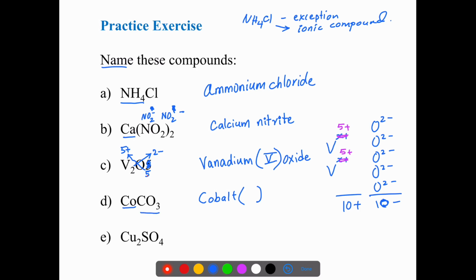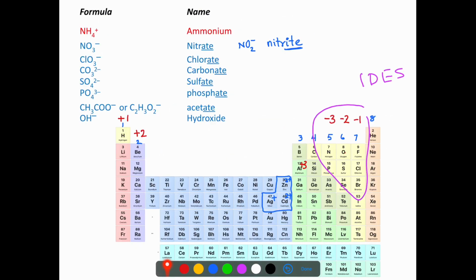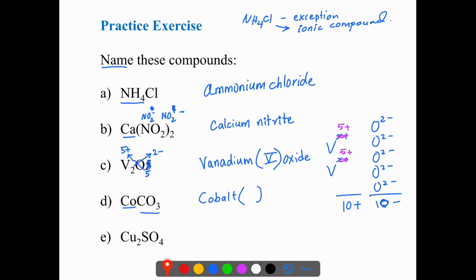And CO3 is carbonate, the anion. What is the charge of carbonate? Carbonate is 2 negative, so cobalt here should be 2 positive. So it's cobalt(II) carbonate.